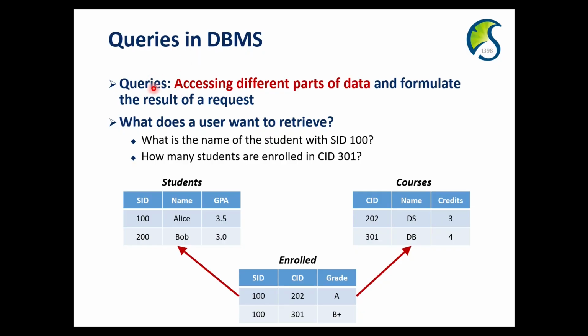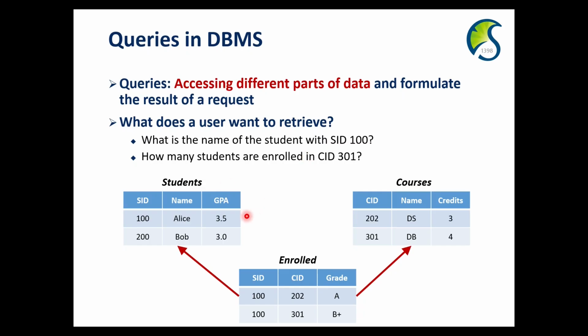Using this SQL, you can generate queries. Here, the meaning of query is that you want to access some data from your database and formulate the result of the request. This is an example of queries: what is the name of the student with SID 100?